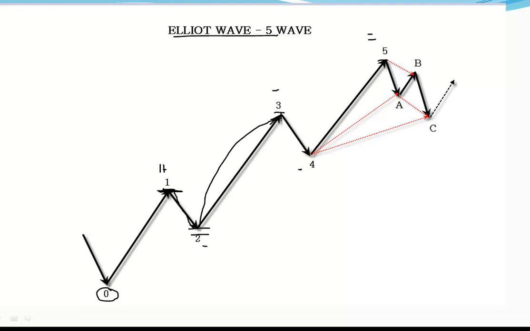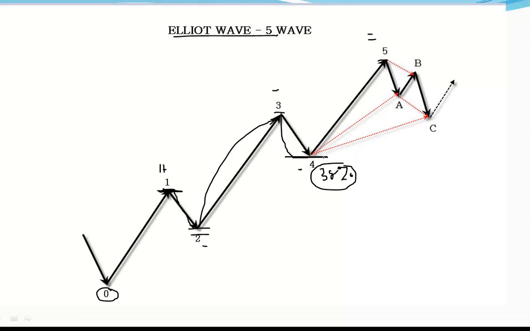Then from 3 to 4, and typically 4 would not retrace more than 38%, and we're going to go into this on our next video when we talk about Fibonacci. And if you look at the video we have on the back of the website called the commonality video, you can see all sorts of stuff on the Fibonacci that I put together, but we're going to review it again in its basic form.